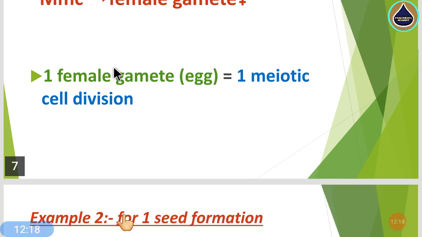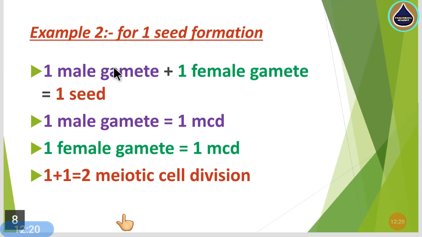Now we'll go for the particular example of cell divisions for the number of seed formation. In this lecture, example number 2 is for one seed formation: what is the number of meiotic cell divisions or meiosis required.